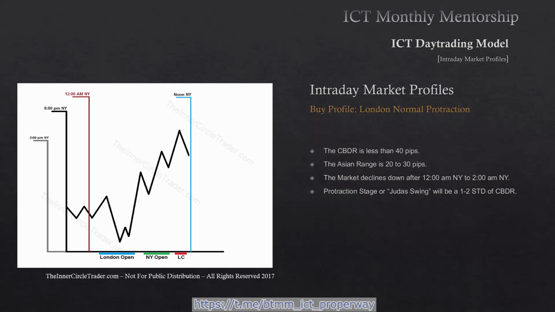The market can start with an initial move up, very modest little move after 12 a.m., but it has to start trending lower after 12 a.m. or shortly thereafter, and it has to consistently move lower past, ideally, 1 a.m., 1:30 a.m., and right about then, you have a confirmation that the London normal protraction buy profile is unfolding. You're going to be looking for that Judas swing or protractionary stage in the marketplace to reach down 1 to 2 standard deviations in the central bank dealers range, and that'll be your projected low.